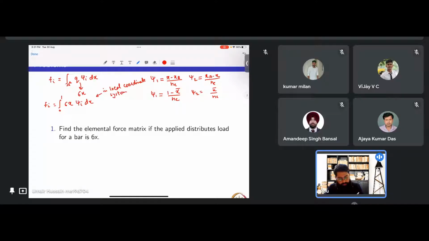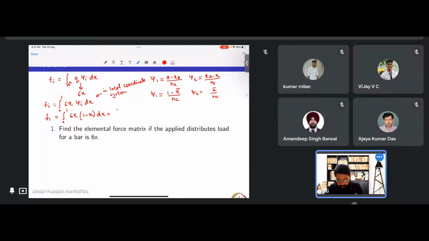Okay, so we have f1 as the integral of 6x times 1 minus x.